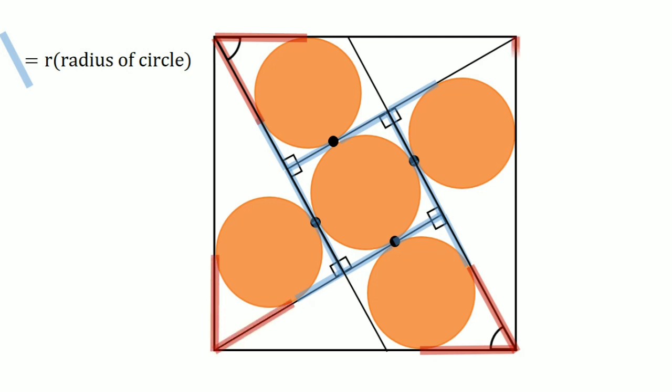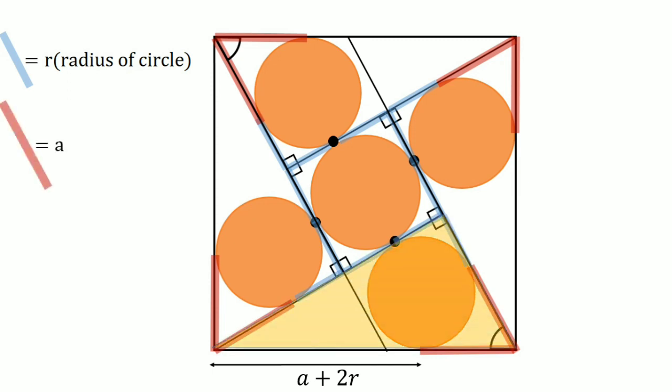So these lines are also red lines. Now looking at this complete line, this is equal to this line, which is a plus 2r. Now looking at this right angle triangle, we use the Pythagoras theorem.